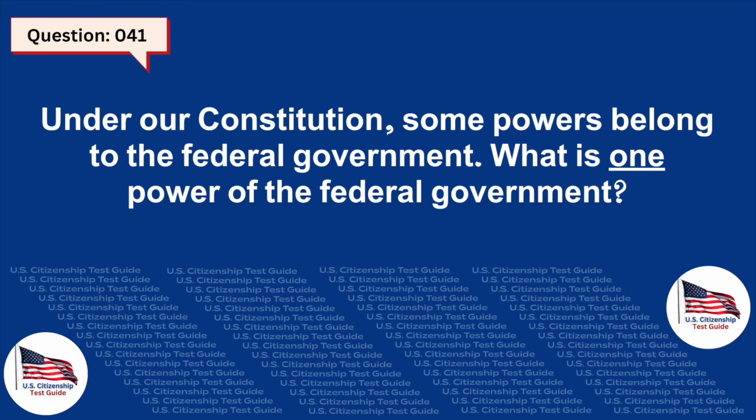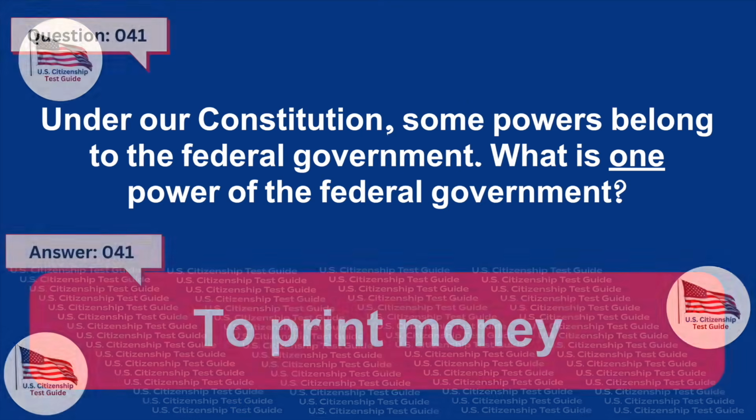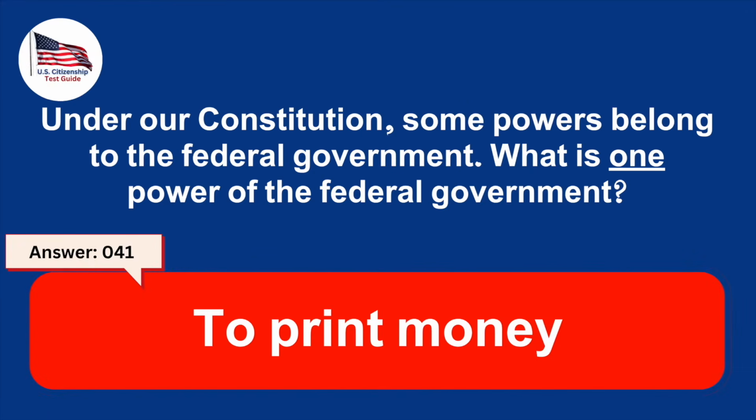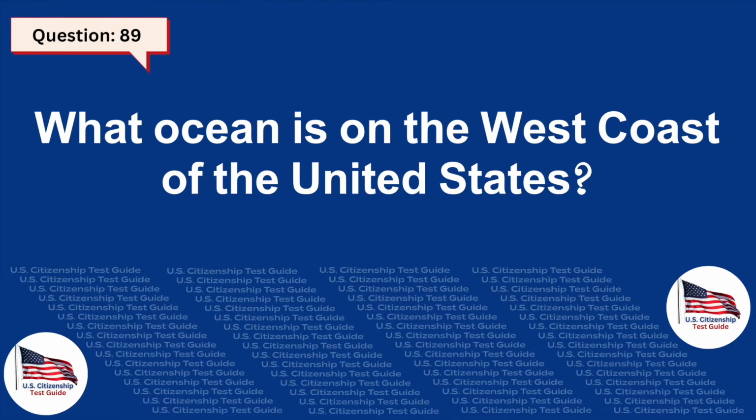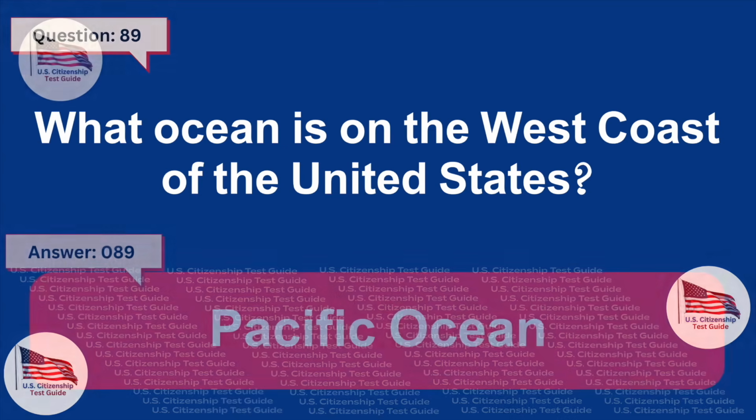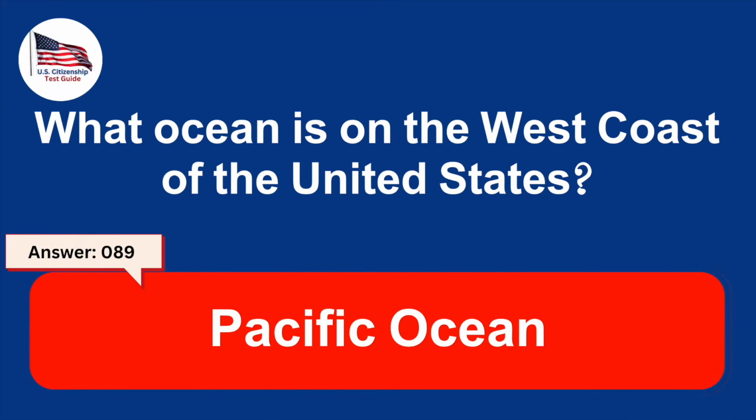What is one power of the federal government? To print money. What ocean is on the west coast of the United States? Pacific Ocean.